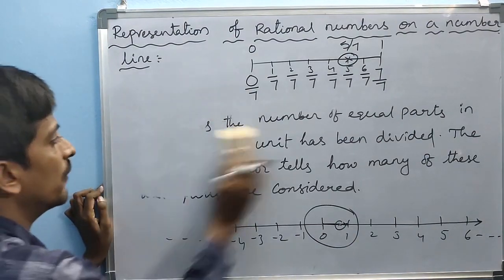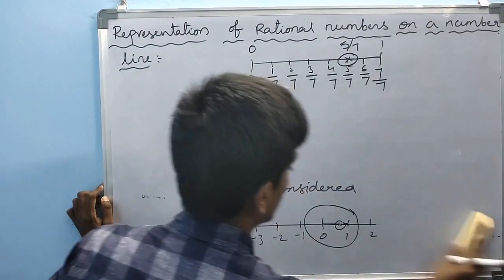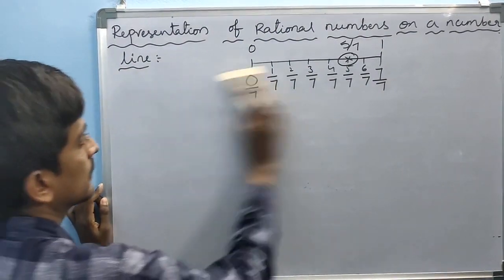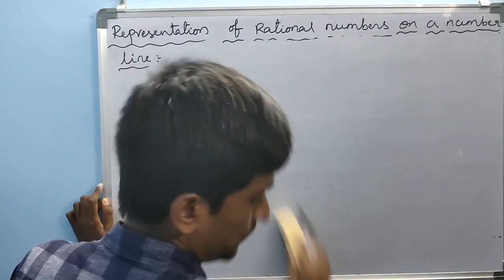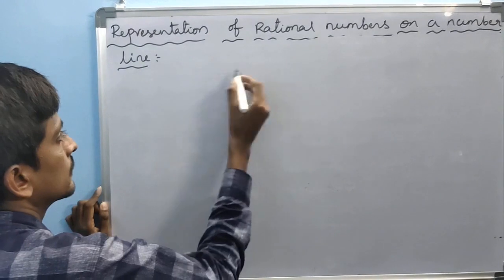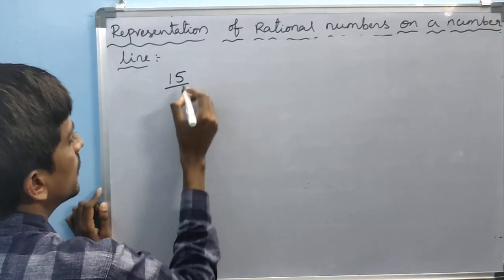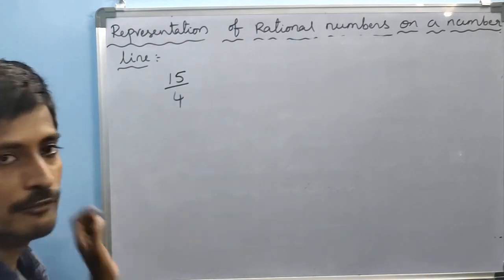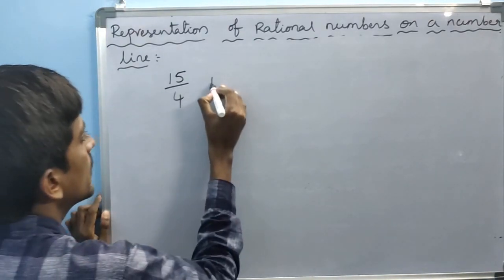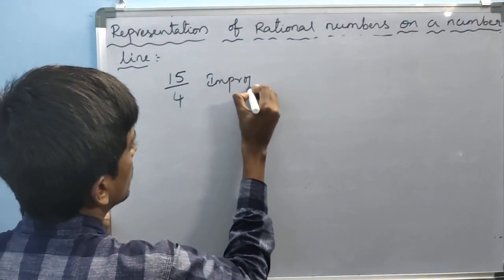For example, an improper fraction is given: 15 by 4. It is an improper fraction.